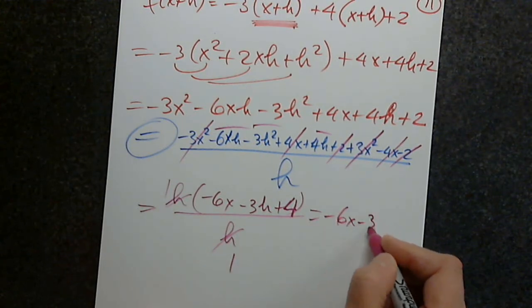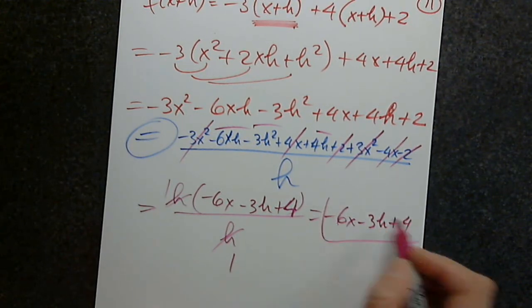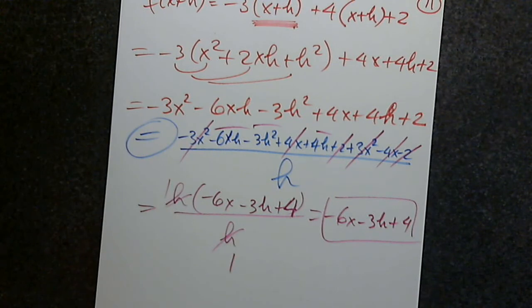Negative 6x minus 3h and plus 4. Anything else?